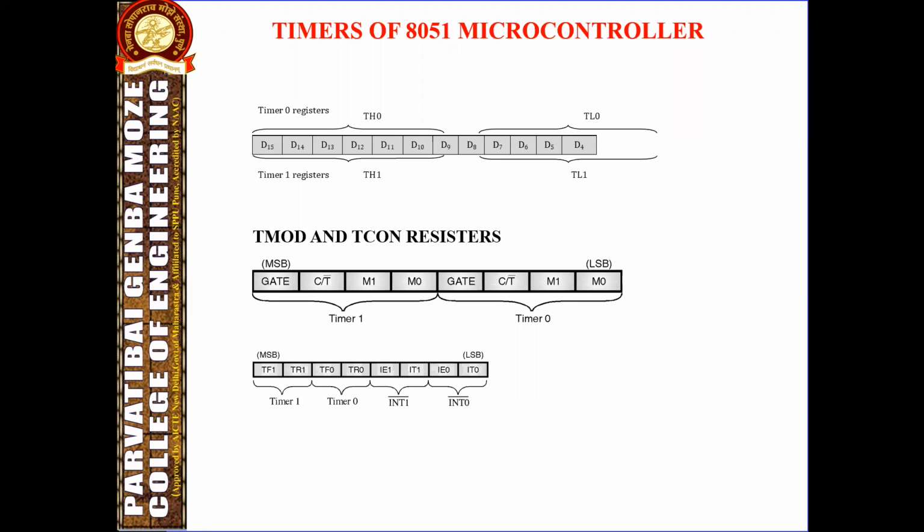The external input does not have any constant frequency and hence it is not used for timing reference. In order to recognize the high to low transition, the microcontroller requires two machine cycles, that is, a total of 24 oscillator periods. The maximum count rate is 1/24th of the oscillator frequency.